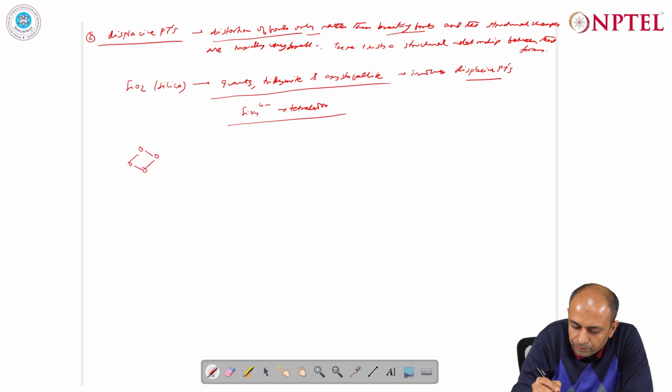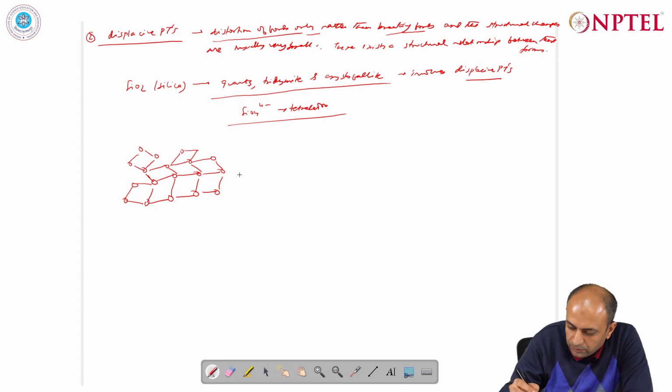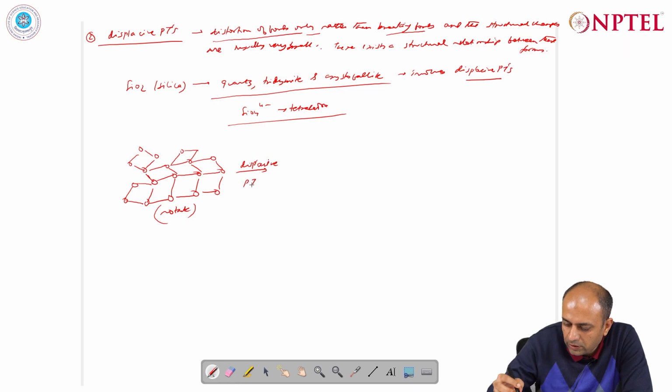For example, we have this kind of a structure, and all you need to do is just rotate, and that constitutes a displacive phase transition, where you essentially get this kind of an arrangement.